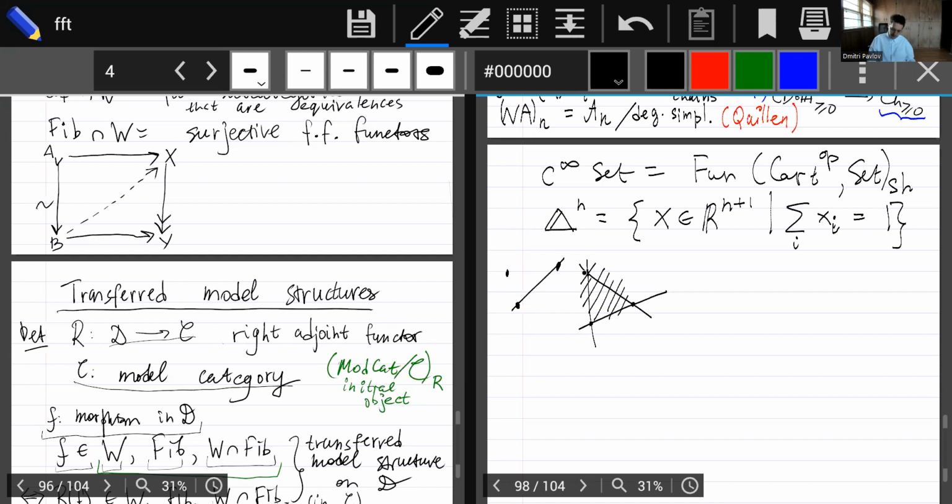So these sides have coordinates x0 equals 0, x1 equals 0, and x2 equals 0. So it's just like the ordinary simplex, except it is extended in all directions. The reason we want to extend it is because delta n is representable. It's an object in Cartesian spaces.